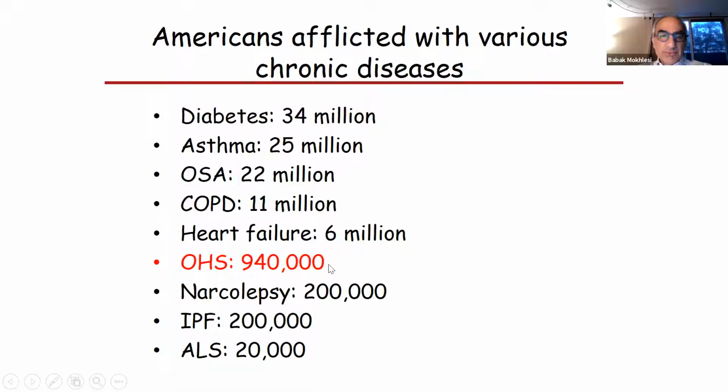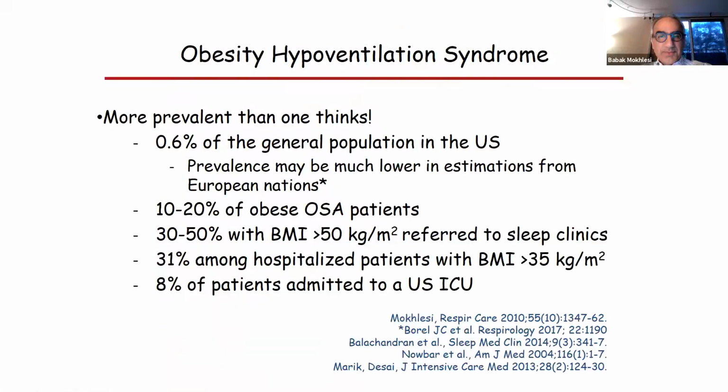Again, we don't know for sure, but it's probably more common. And it's interesting because when you look at federal dollars spent on research in this area compared to narcolepsy or even pharmaceutical, IPF or ALS, there's big differences there. So I think there's room for improvement in terms of research funding in this area.